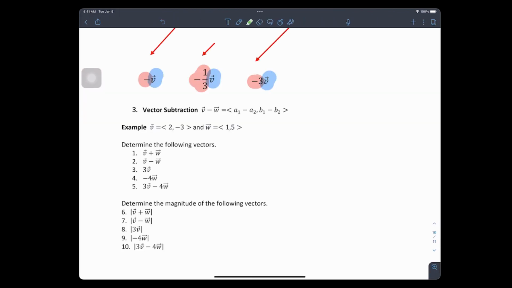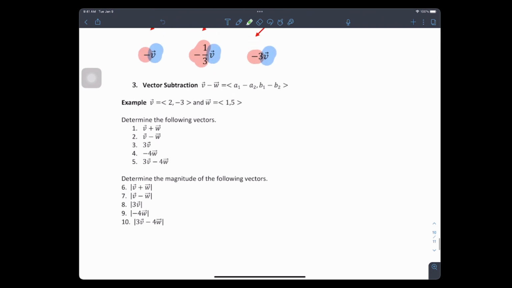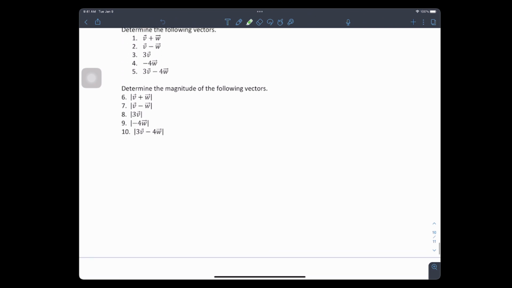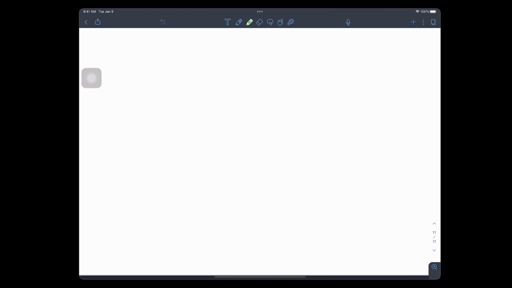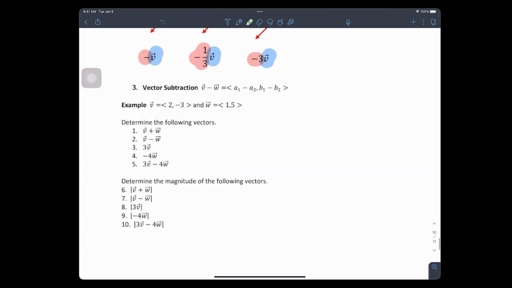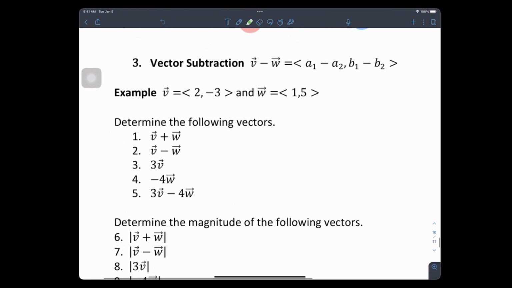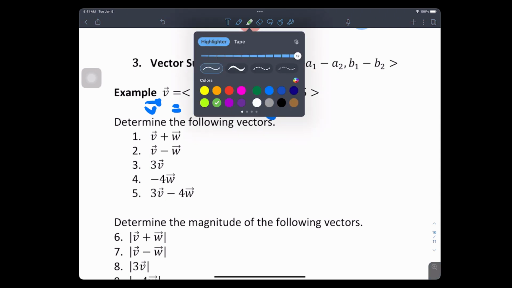But in this example now, you might say, well, what does this stuff mean? Let's take a look at this. How are they defining these vectors? I can now define vector V as 2I minus 3J. Do you guys agree with that? You say why?